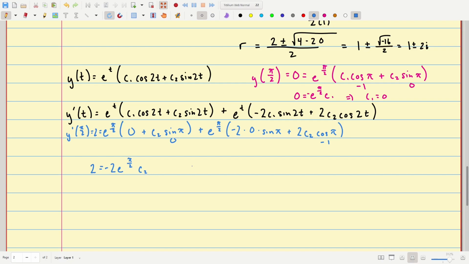Okay, so c2, we divide, we get a minus sign. It's going to be negative e to the minus pi over 2.